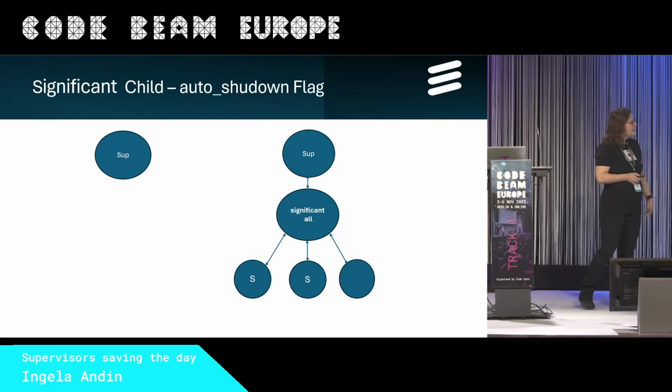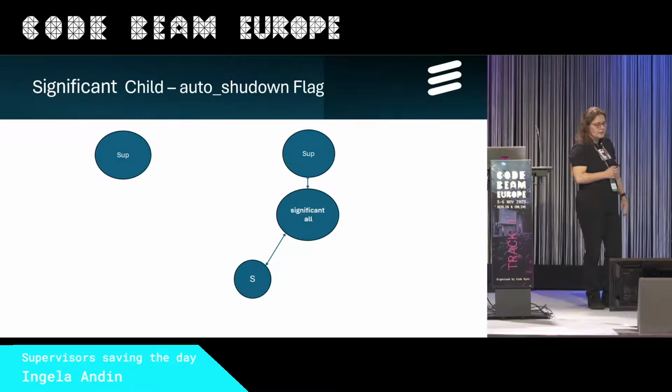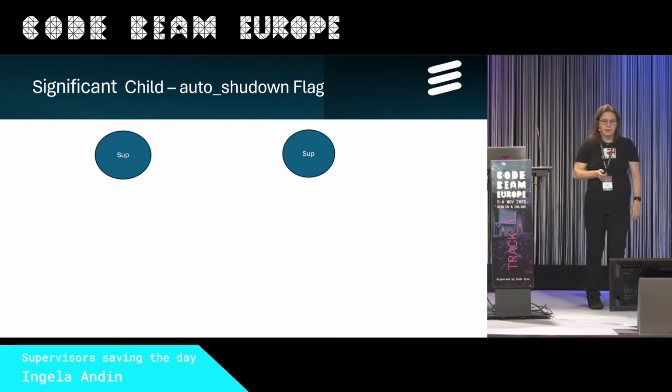And if you have significant all, one significant process can terminate, but you still have the other one as a backup, so you can survive it. An insignificant process can terminate, and it won't affect the subtree. But when all significant children terminate, the subtree will be terminated.